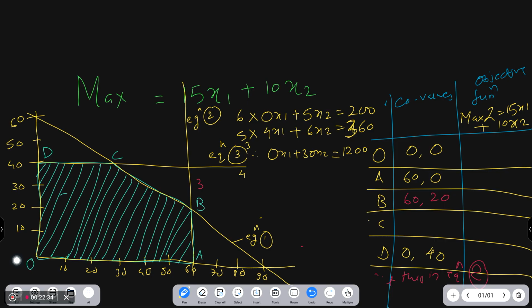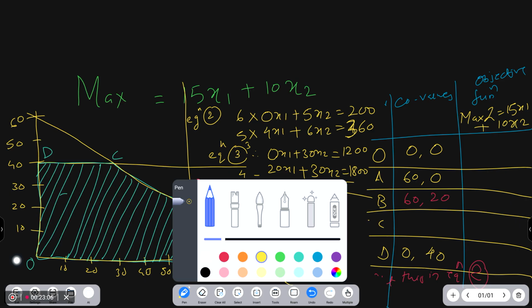What about this one? That is 20x1 plus 30x2 is equal to how much? 1800. Correct or not? Just change the signs here. After that, which term is going to be deleted here?